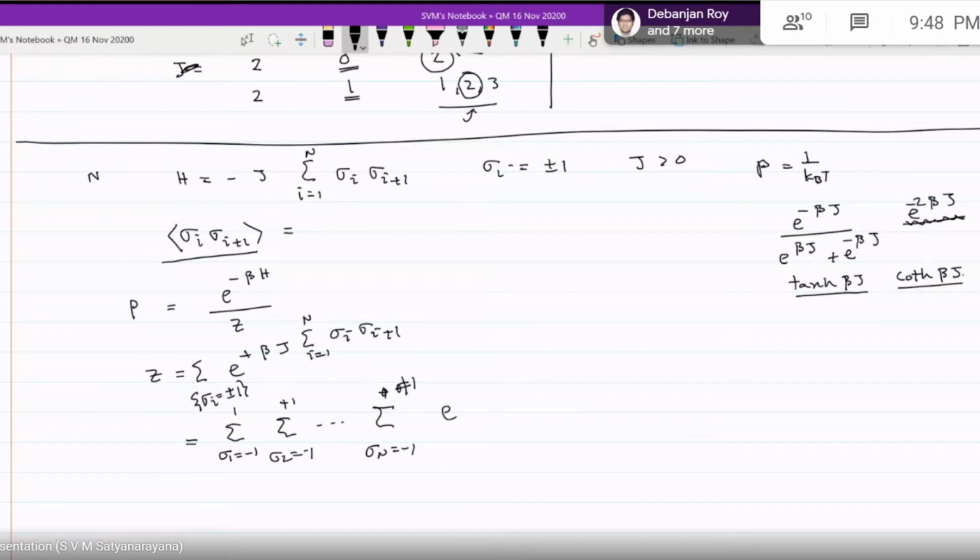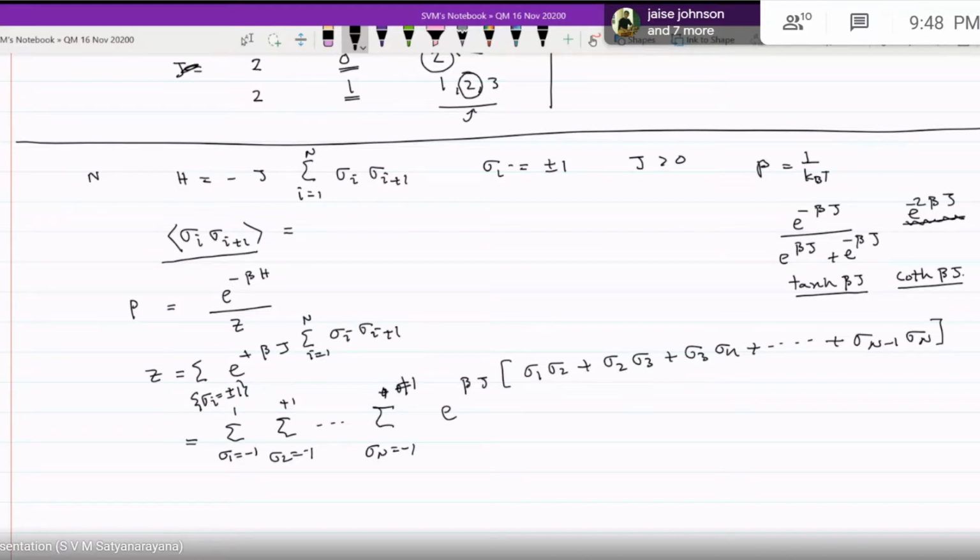And then e to the power beta J into sigma 1 sigma 2 plus sigma 2 sigma 3 plus sigma 3 sigma 4, up to sigma N minus 1 sigma N. Correct?